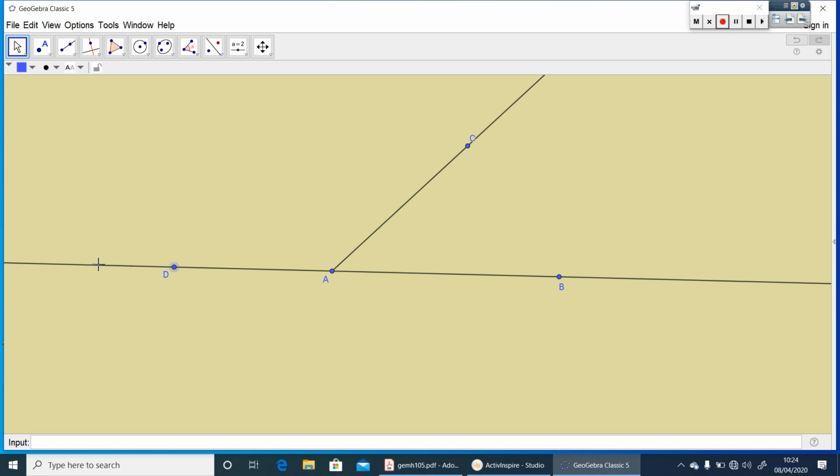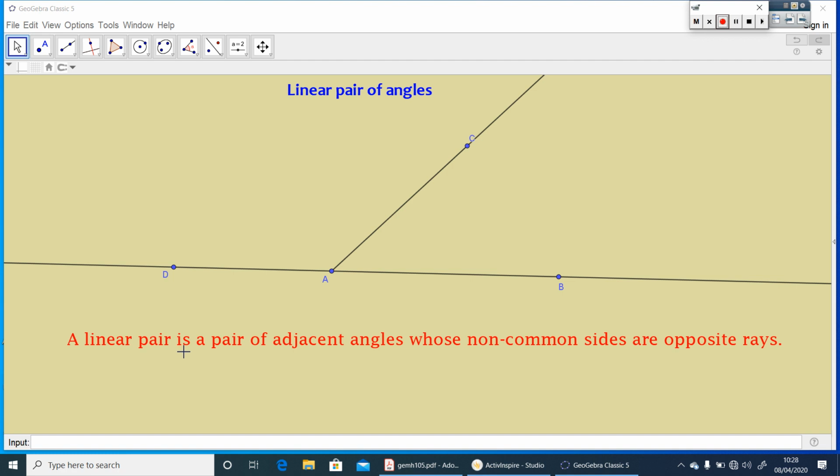AB and AD are opposite rays. If non-common arms become opposite rays or form a line, then we can call these pairs of angles linear pair of angles. There is a linear pair. It is a pair of adjacent angles whose non-common sides are opposite rays.